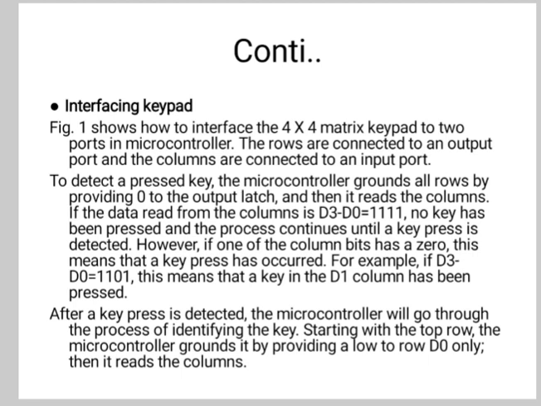After a key press is detected, the microcontroller will go through the process of identifying the key. Starting with the top row, the microcontroller grounds it by providing a low to row D0 only. Then it reads the column.